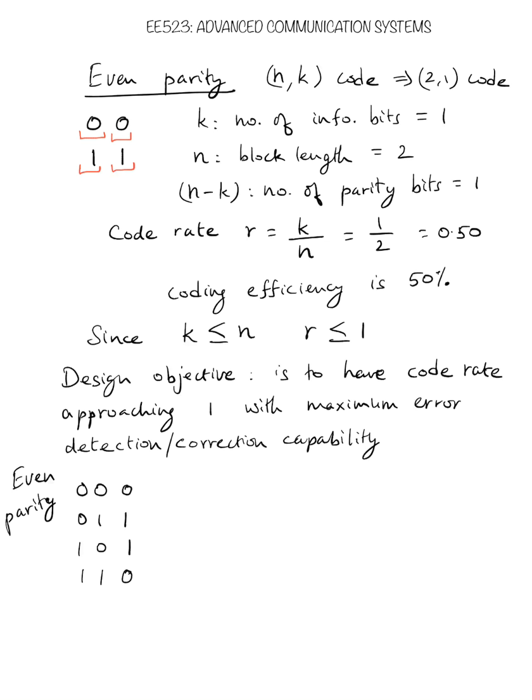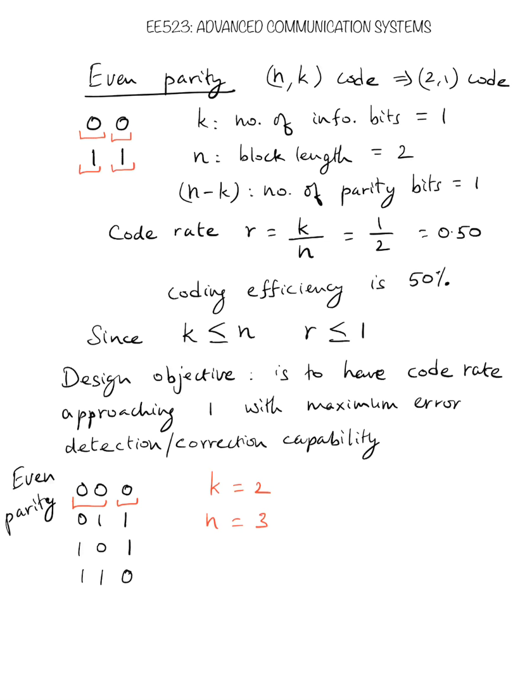Okay, so that's what we have been talking about. And what is the notation for this? Since we have 2 information bits and 1 parity bit, that means k is equal to 2 and n is equal to 3.